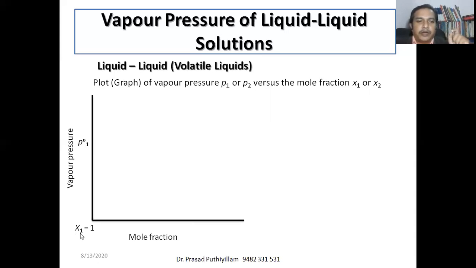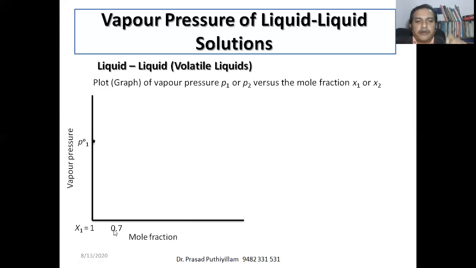For component 1, if its mole fraction is equal to 1, it is not a liquid mixture, it is a pure liquid 1, only liquid 1 is present. Therefore, the pressure exerted by the component will be P01. Already it is 1, so further we can only decrease.